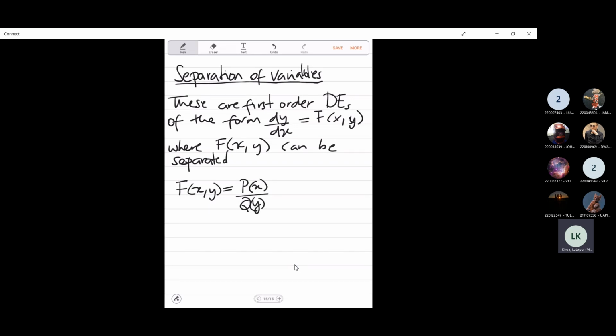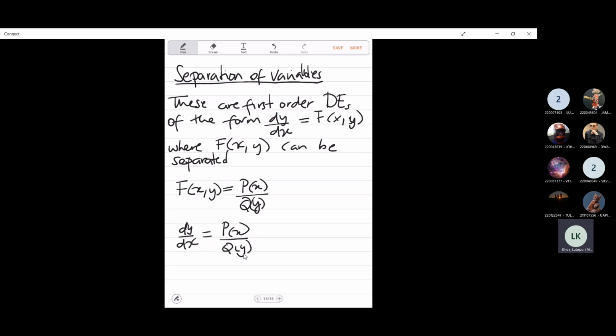So you can see the numerator is just x, the denominator is just y. So I can always have the terms with x on one side, the terms with y on one side. And then from here we see that I have dy dx is equal to p of x over q of y. I've just rewritten it in terms of p of x over q of y.